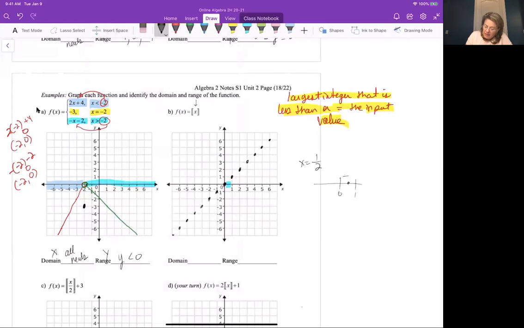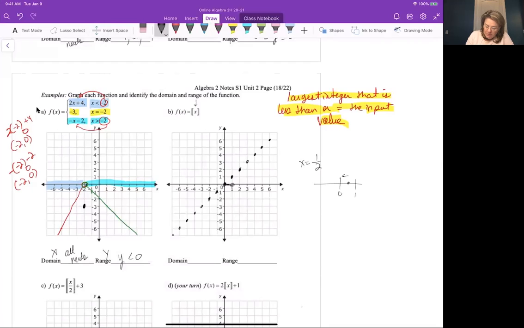I have to go to the left on the number line, and it's the integer that's less than that, right? So I have to go to the left one step. So the output, which is the y value, stays at 0 and continues to stay at 0 all the way until it hits 1. So I move all the way over with an open circle. And so that's what it looks like.